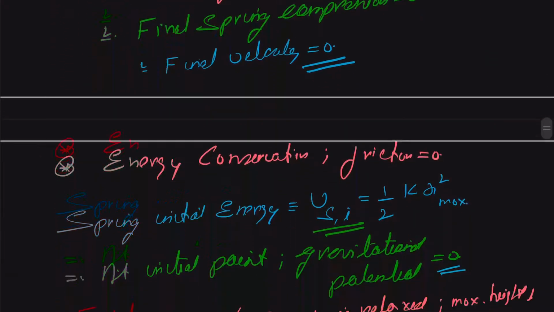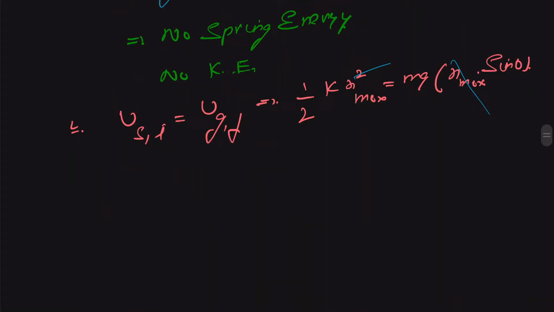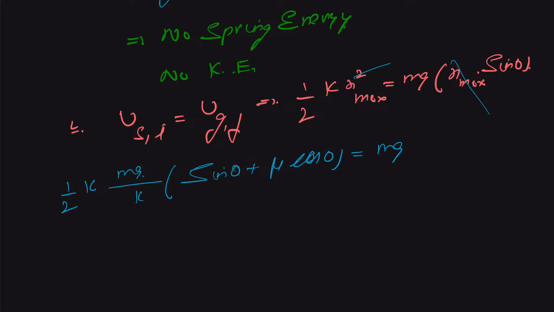This will come as half k times mg upon k times sine of theta plus mu cos of theta, equal to mg sine of theta.